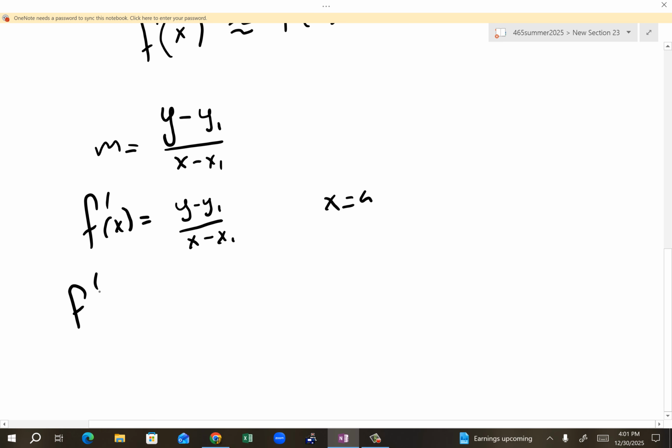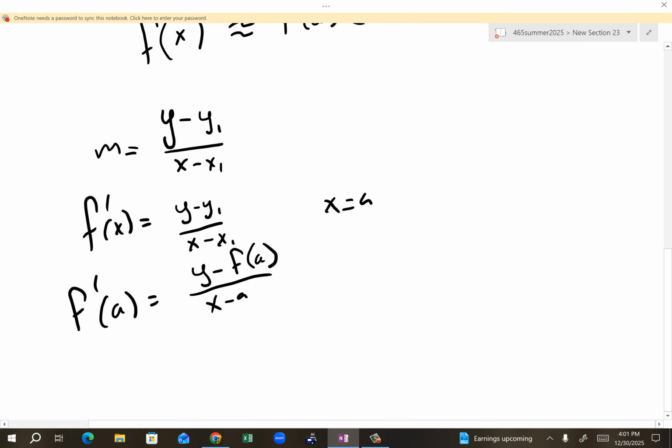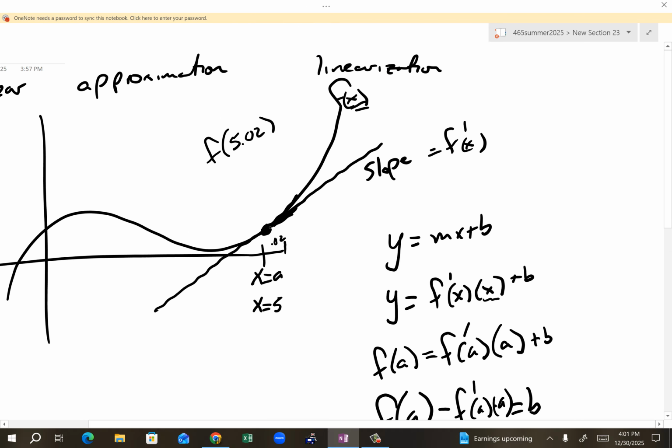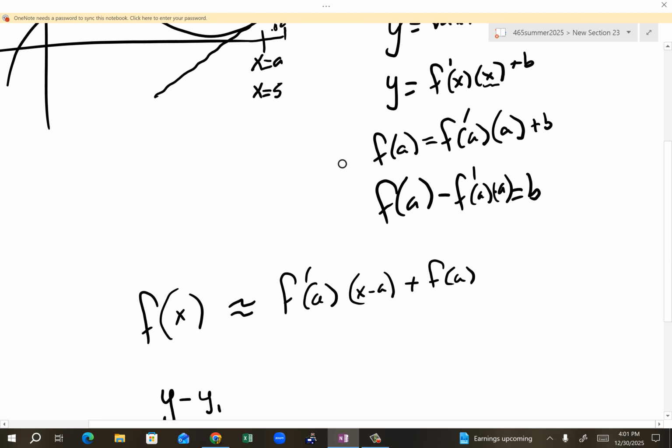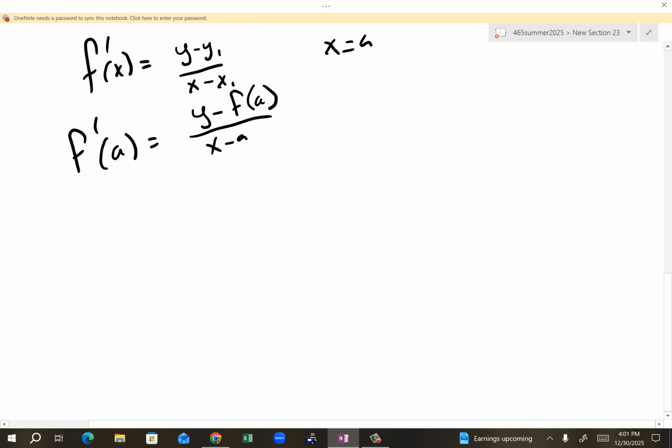So that would be f prime at a is equal to y minus f of a over x minus a, because my point is the point a comma f of a, in our case 5 comma f of 5. Now keep your eyes open to what I'm doing here. I'm going to multiply both sides by this guy.